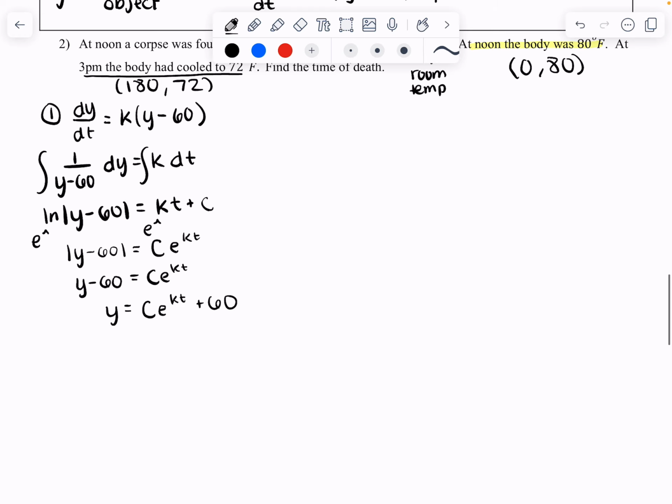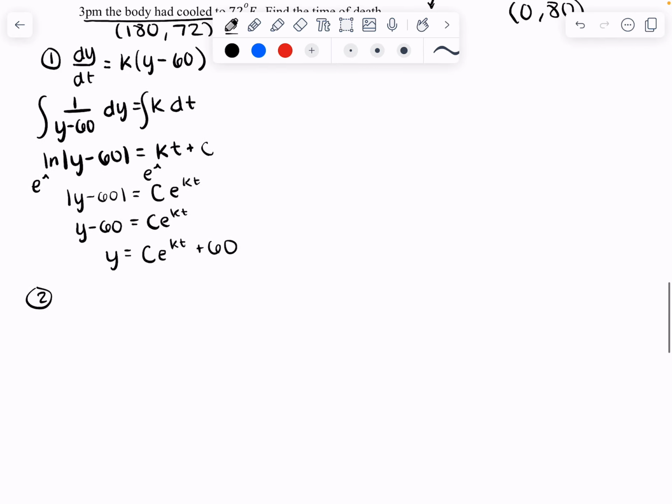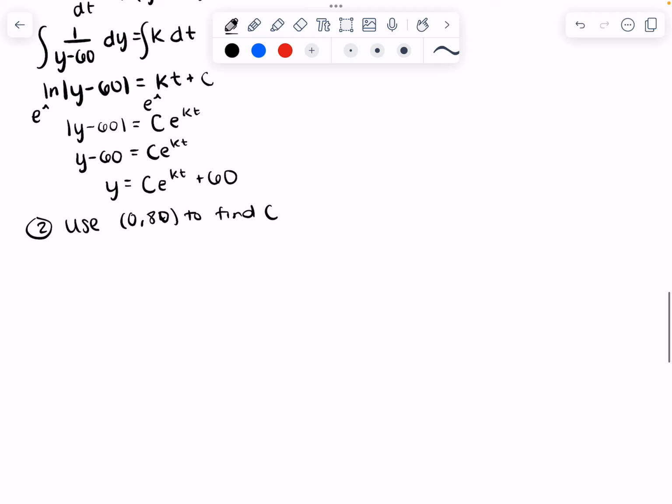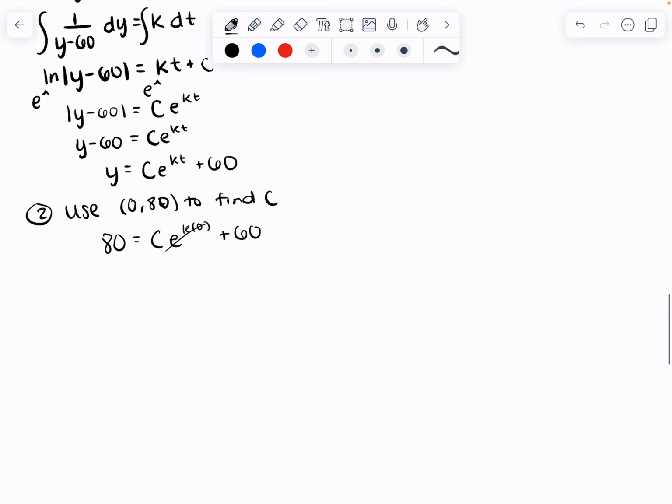Okay, so now step 2, we're going to use 0, 80 to find C. So I'm going to plug in 0, 80. That's just 1. The e to the 0 power is 1, and so C is 20.